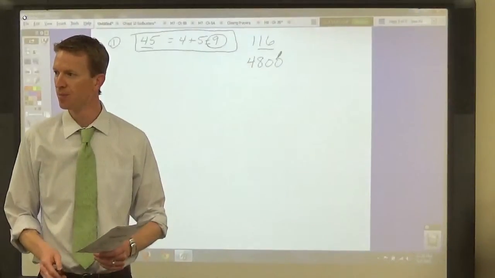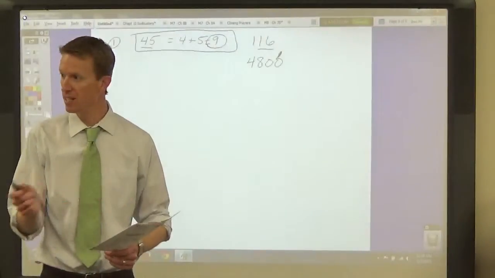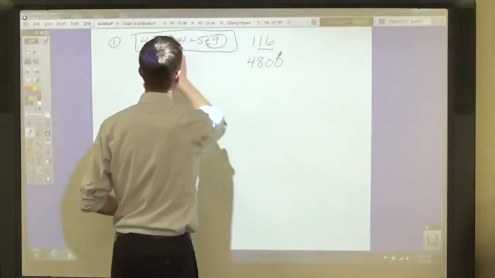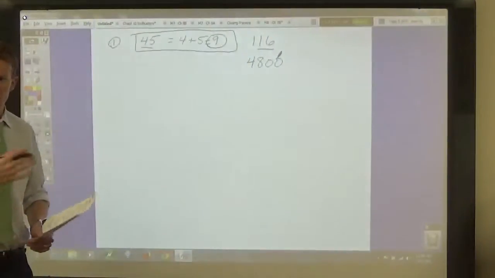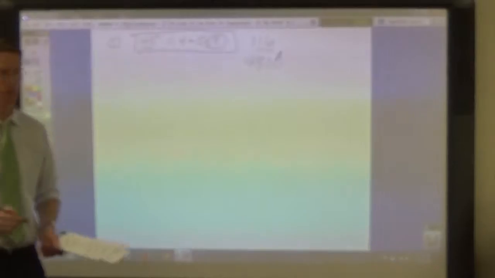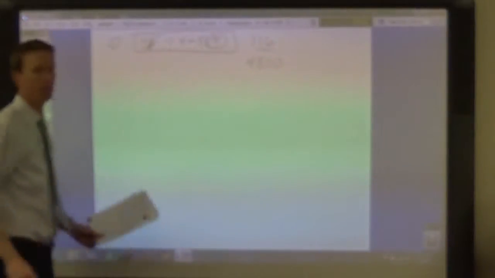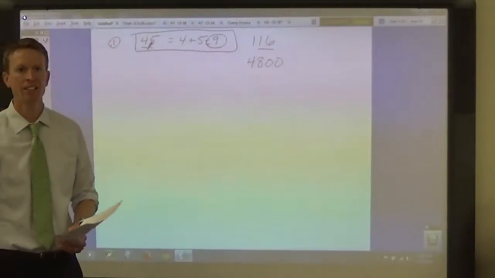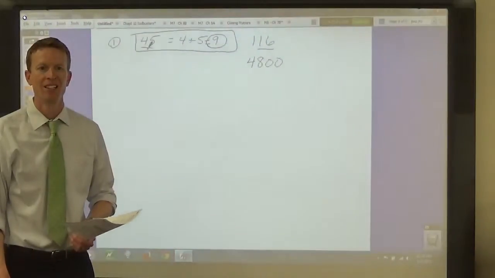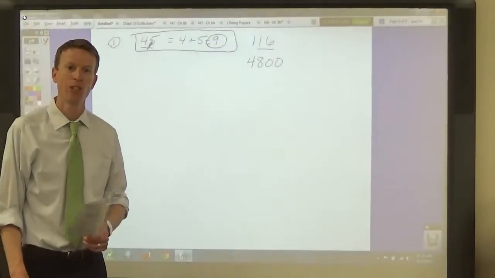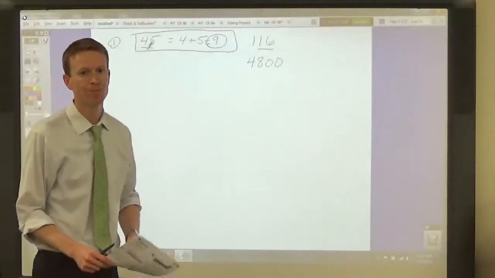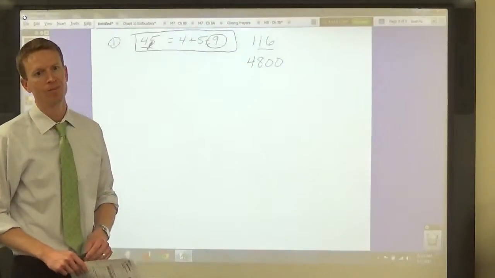Gracie? If you add up the numbers and it's divisible by 9. Right, if you add the digits and the sum is divisible by 9. So it's a lot like 3. Would 45 be divisible by 9 using that rule? Merlin? Yeah.